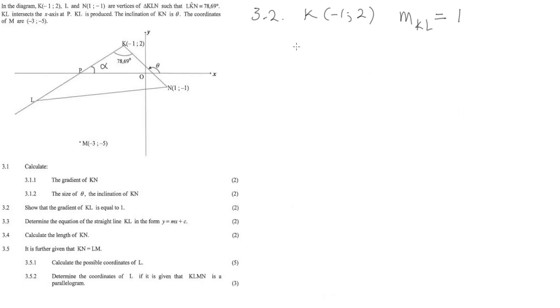Meaning that the straight line y equals mx plus c, we can do this. Instead of y we put 2, instead of m we put 1, instead of x we put minus 1.